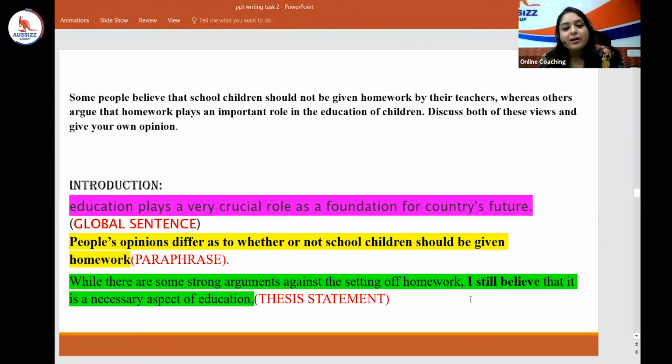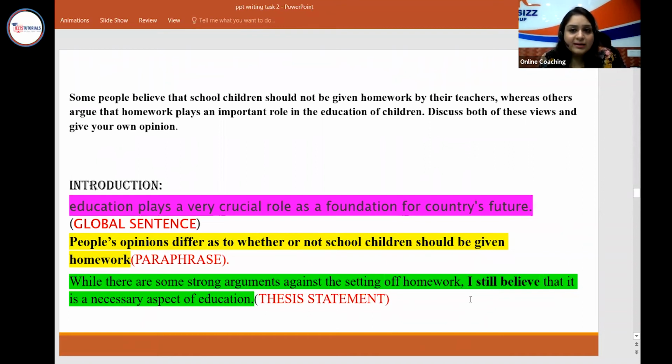Before reading the topic, I directly go to my task, that is, what task I have to cover in my essay writing. So this is: discuss both these views and give your opinion. This is my actual task. As I already told you, you have to focus on your task, what you have to write in the essay.